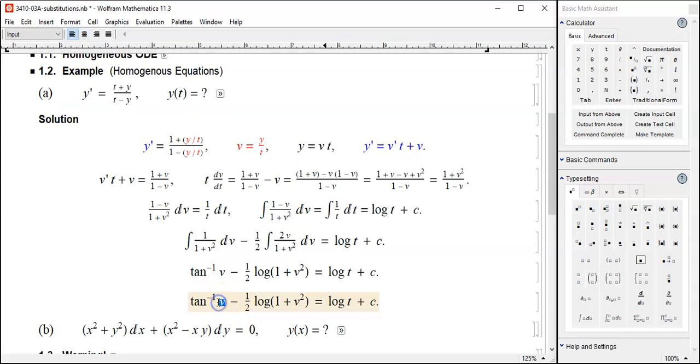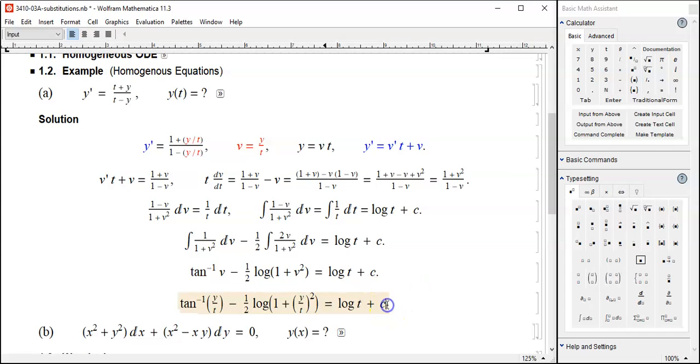So this one is y over t. And then this one over here is y over t. And then we have this. Well, we have an implicit solution here, even though it's not really perfect.